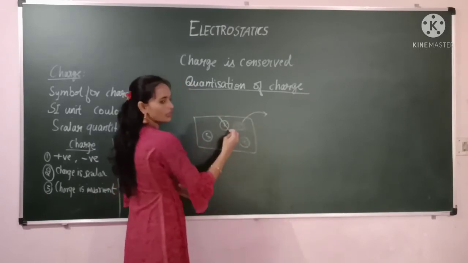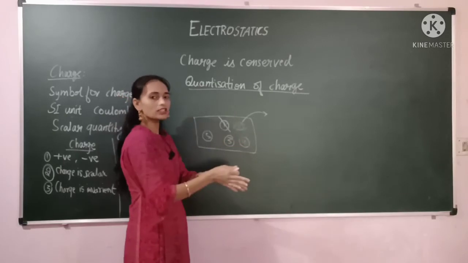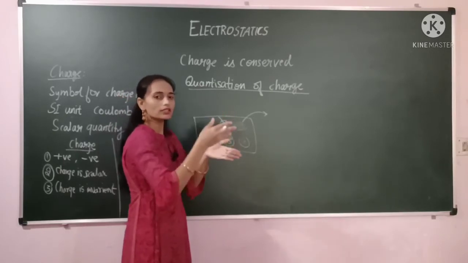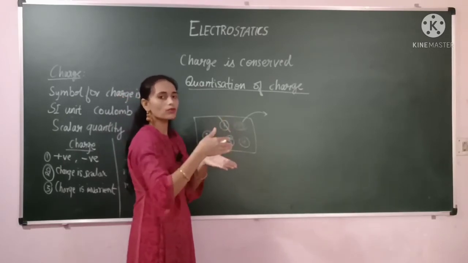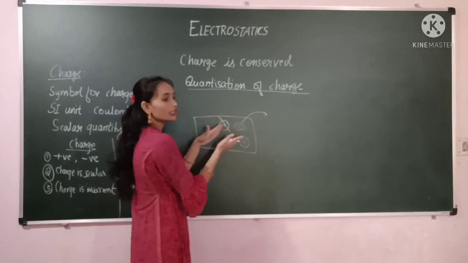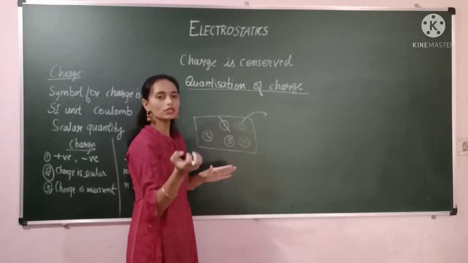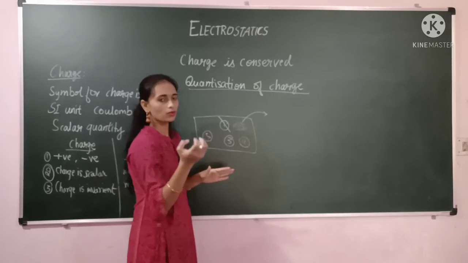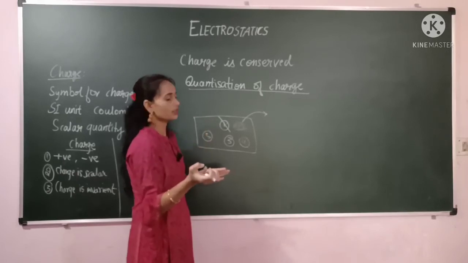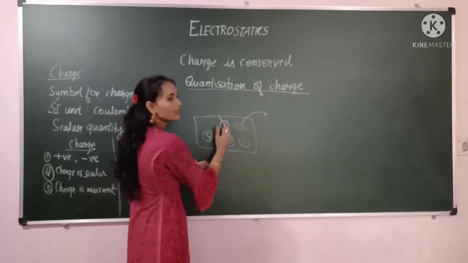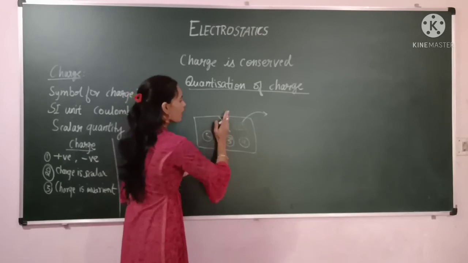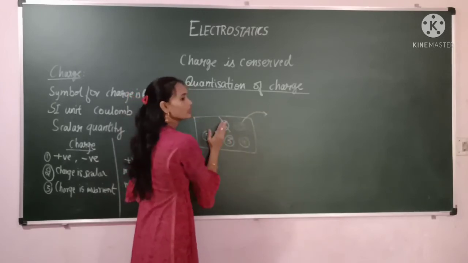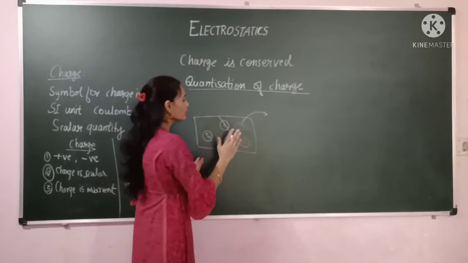We cannot cut the charge in half or into a quarter. Charge is the smallest unit, so it cannot be divided into parts. It is not possible to transfer half the charge to this body.